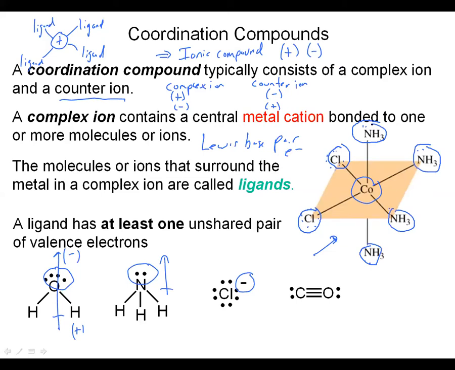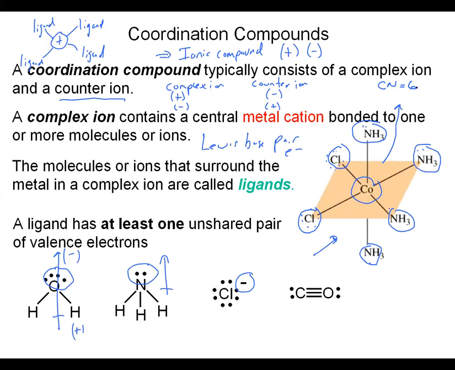And that means if you were going to figure out the coordination number, it would be 6 in this case. Again, each of those ligands, the NH3 and the Cl minus, only attach with one atom per molecule or ion. And that gives us a grand total coordination number of 6.